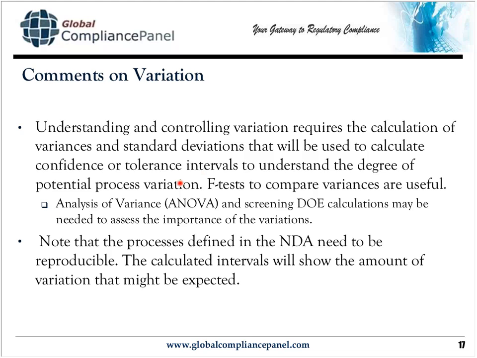Now, when you come down to the question of, okay, you've got these variance calculations, and now you want to know if 2 variances are equal or different, the procedure to do this is to use what is called an F-test. In this particular case, it's a one-sided F-test. But before you even go into this, you can compare the variations in your system by doing a so-called ANOVA, an analysis of variance.